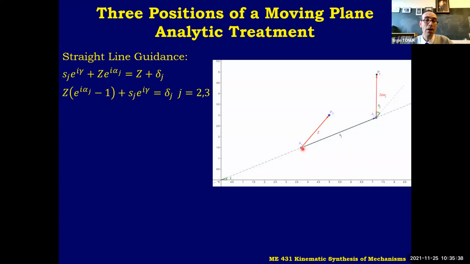Okay, so A1 is here, A2 is somewhere on this line, A3, A4, whatever. So I'll call this general point AJ. All positions of this point A should be on this straight line, okay?